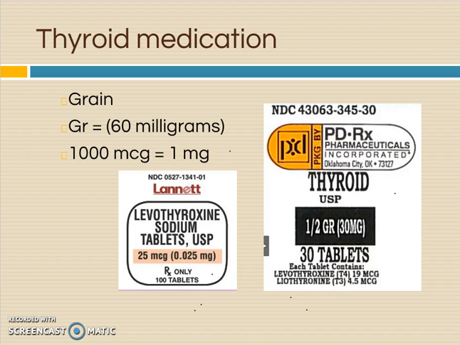Thyroid medication. We have here in the thyroid medication that it's distributed in 1/2 grain, and that is 30 milligrams. We know that 60 milligrams is in a grain. And over here, this one shows it in 0.25 milligrams, which is 25 micrograms.